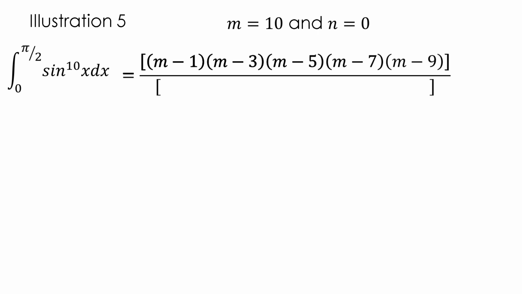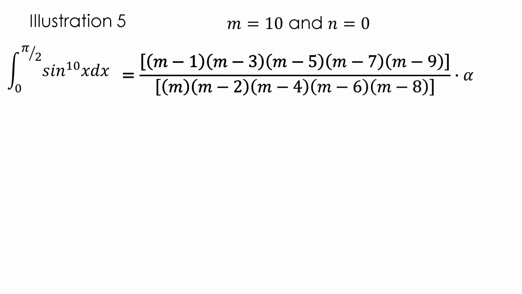The denominator's factors will be m times m minus 2 times m minus 4 times m minus 6 times m minus 8, and we multiply the alpha.